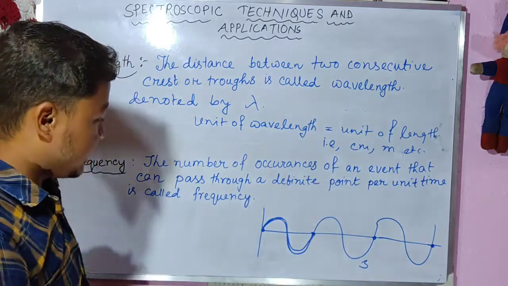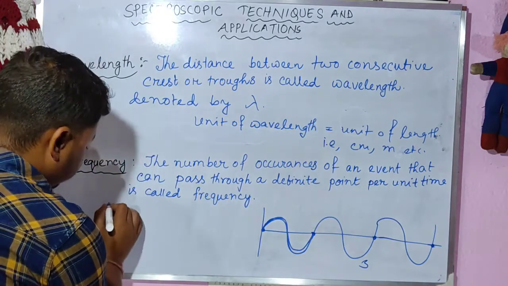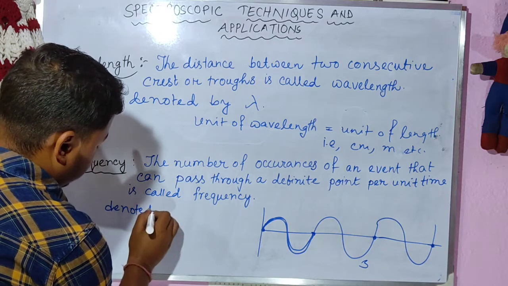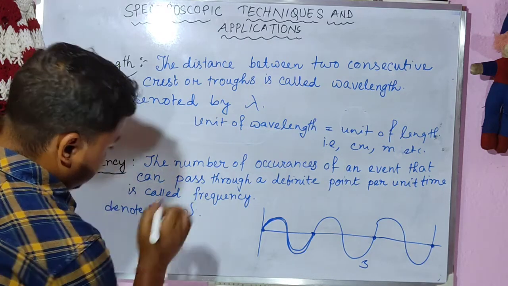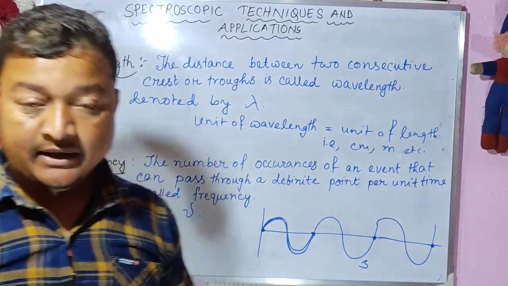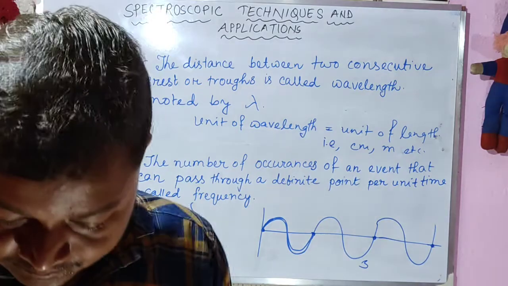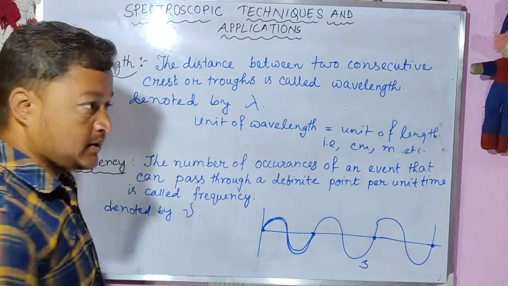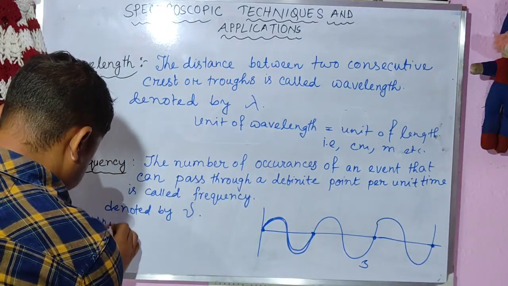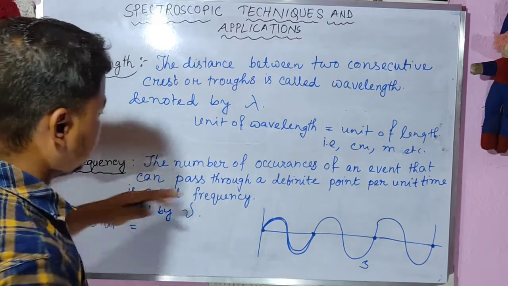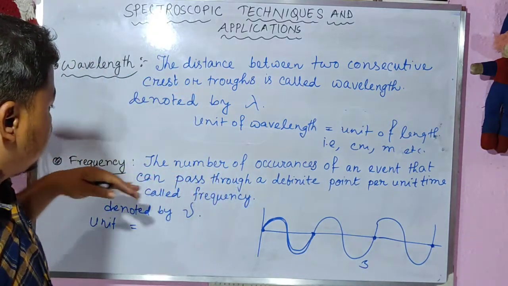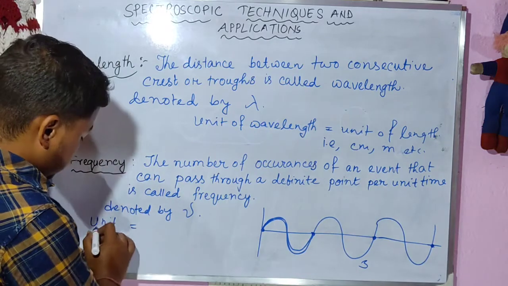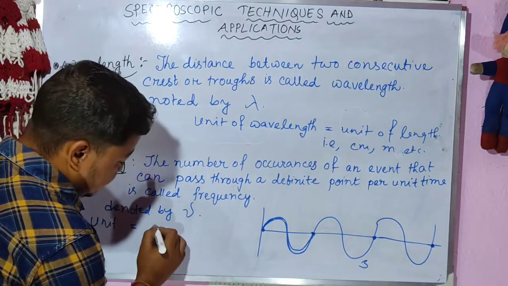Okay, and frequency is denoted by nu. The unit of frequency: the frequency is the number of occurrences per unit time, so the unit is per unit time, that is second inverse.